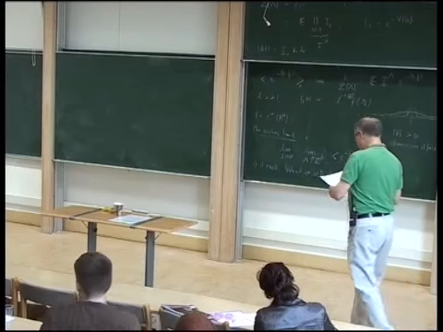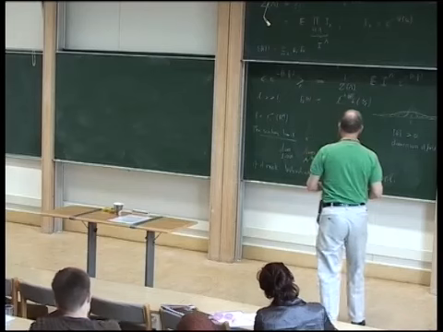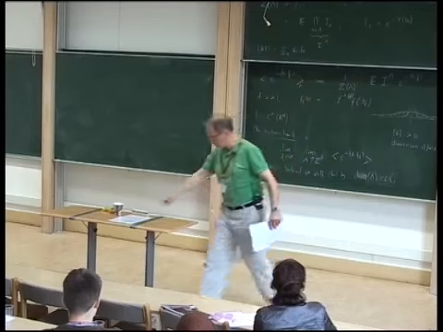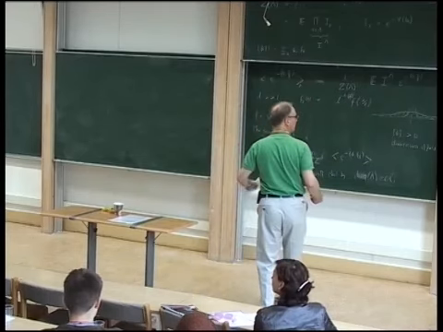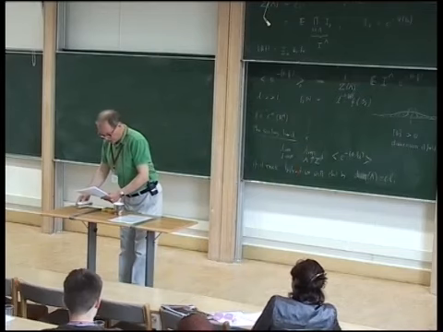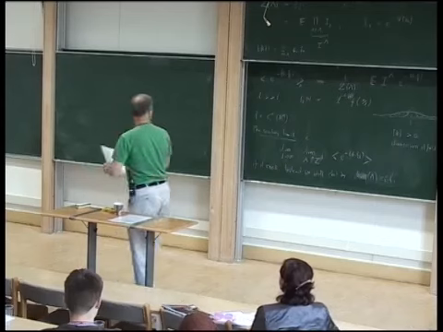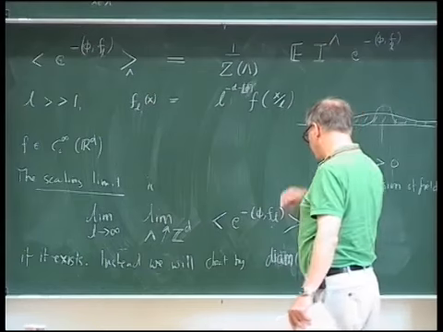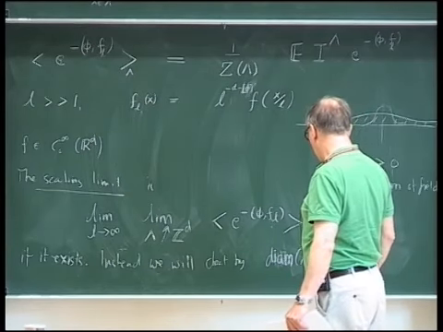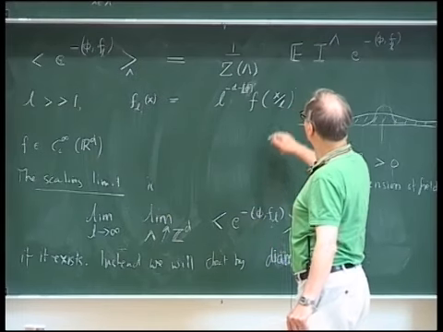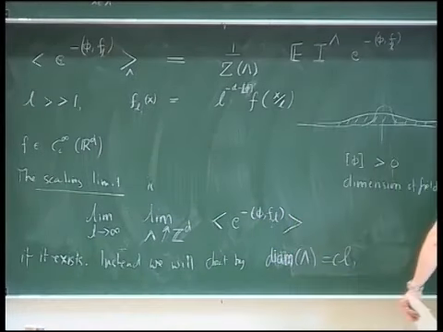All right. It's just because I want to be able to show you how to calculate something without spending too much time on tricky things. So let's first consider what will happen if we do this calculation with the free field. So let's take the case I equals 1.